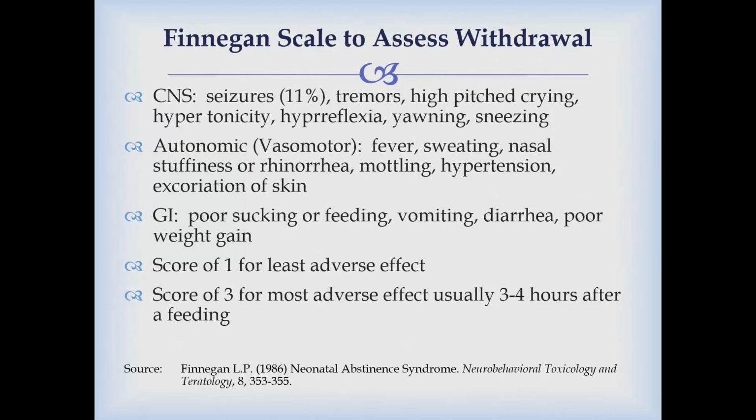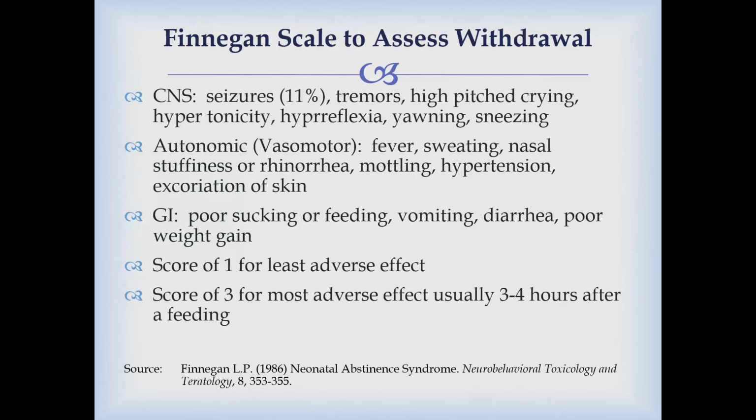That is why clinicians trained in Finnegan assessment of the newborn and Finnegan scale assessment are very important, because we would still want to treat an infant even with a negative urine toxicology. If there is a strong maternal history, those infants should be scored and treated appropriately, both with pharmacologic and non-pharmacologic interventions. Some of the signs we see in the CNS would include seizures, tremors, high-pitched crying, high tone, hyperreflexia, yawning, and sneezing.